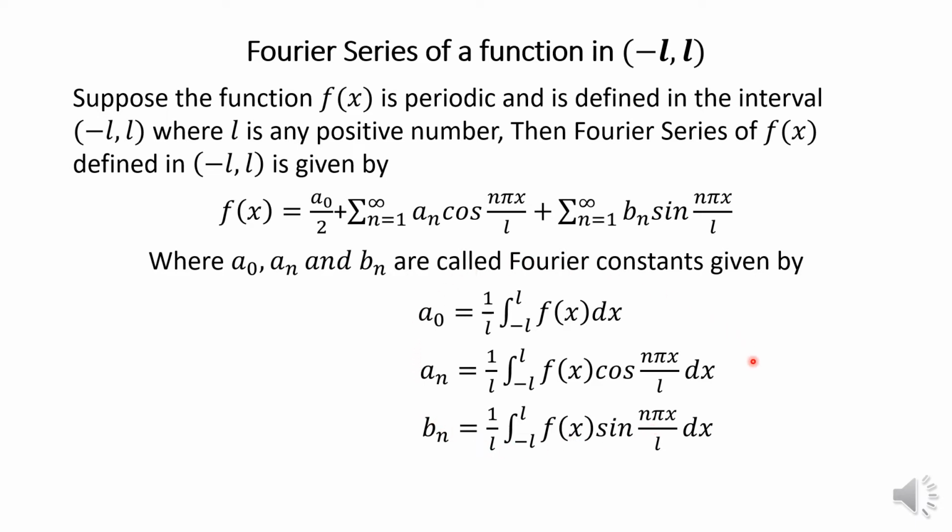Using these three formulas, we are going to find the Fourier constants a naught, a n and b n. Once we find these constant values, then we substitute them in this equation to get the Fourier series expansion of the given function f of x, which is defined in the arbitrary interval minus L to plus L. Now let us look into some problems in the next slides.